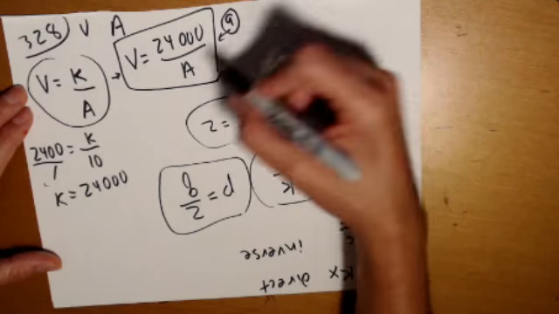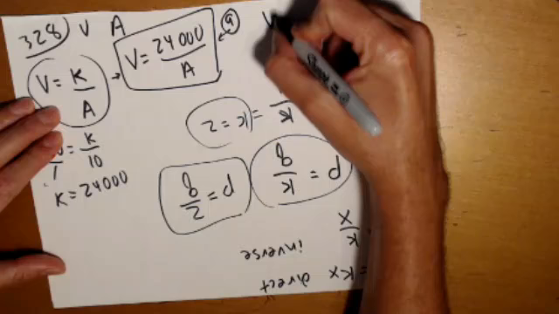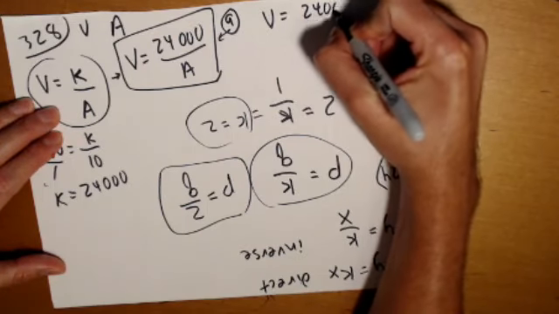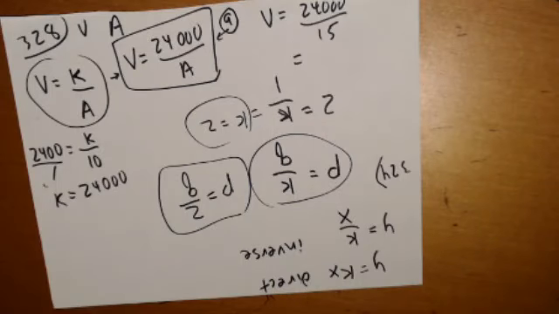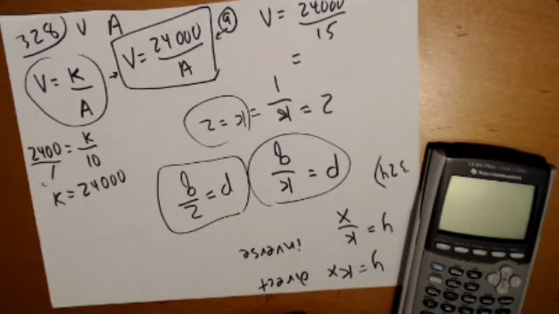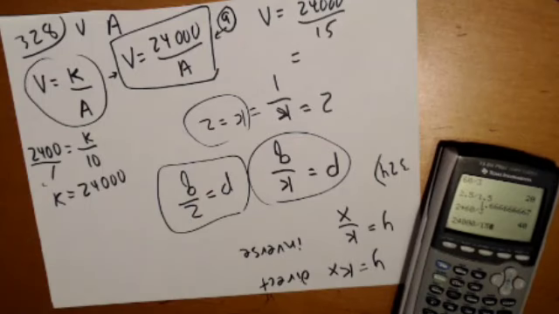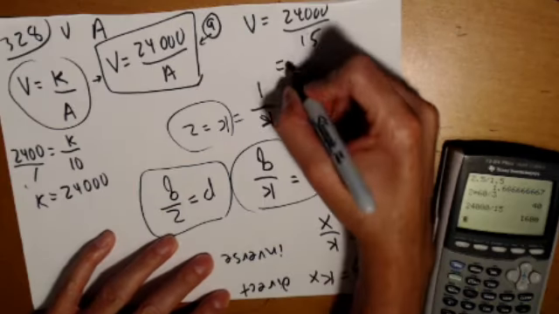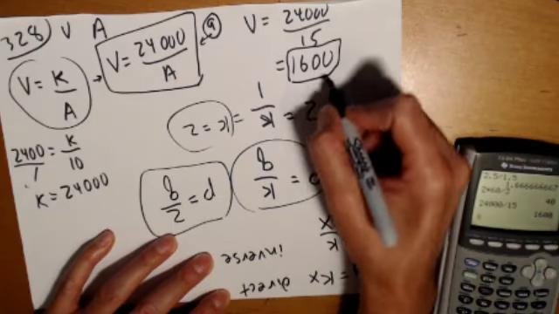So when age is 15, just plug 15 in for A. So the value is equal to 24,000 divided by 15, which is equal to, calculator, 24,000 divided by 15, 1,600. And there's our value.